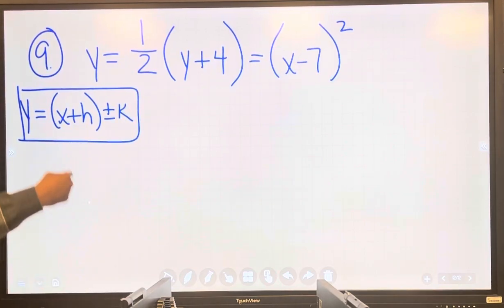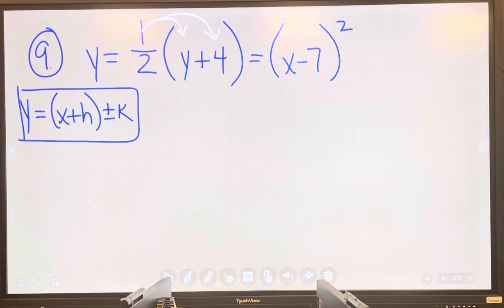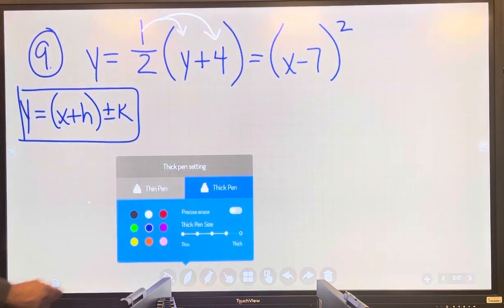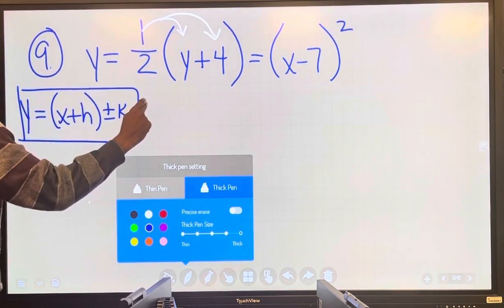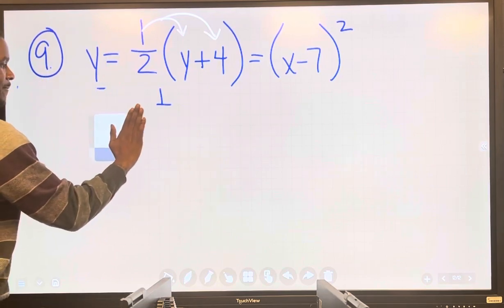Not FOIL, Becca, but distribute. You said multiply. Technically distribution, I'll let that pass. I was looking for the term. Oh, yes. So when I distribute that, let me erase this so that I don't get confused.